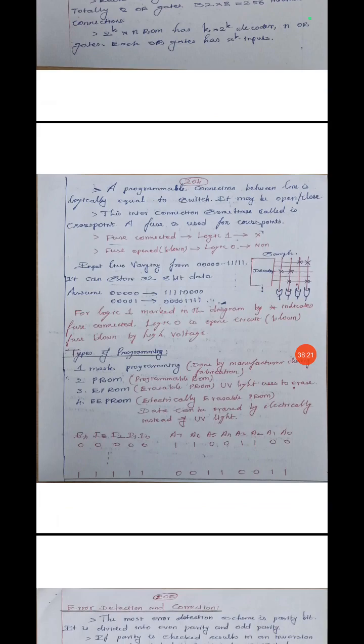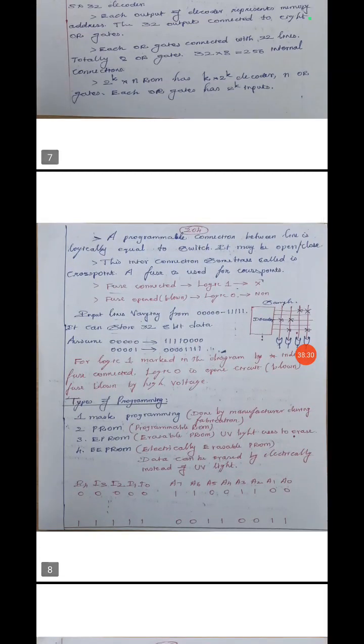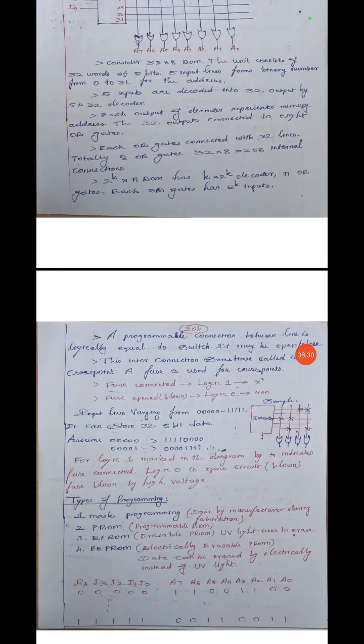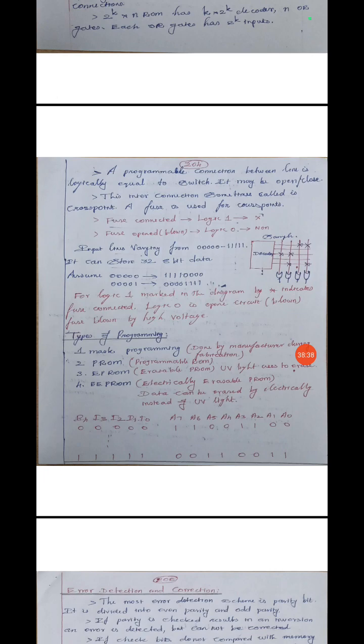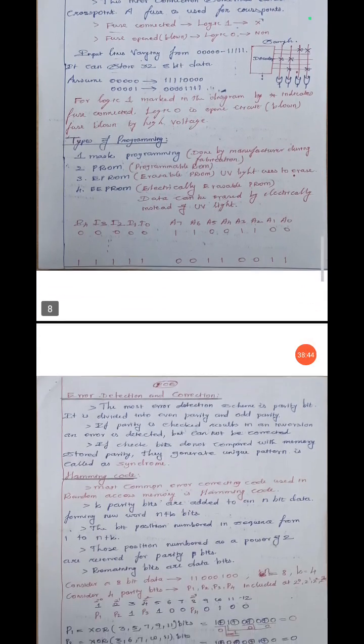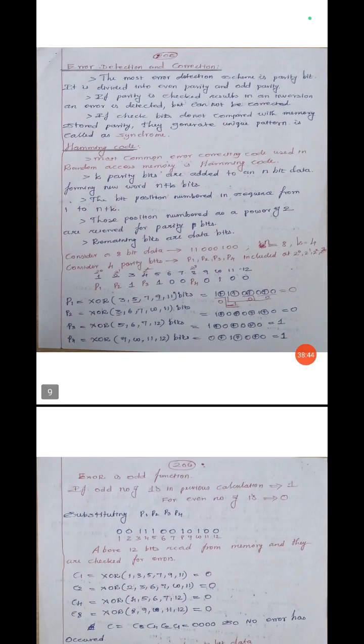They will give one equation, and by using that equation you can program the ROM. So the ROM program is very important. Actually I published videos particularly for these ROM, PAL and PLA problems.